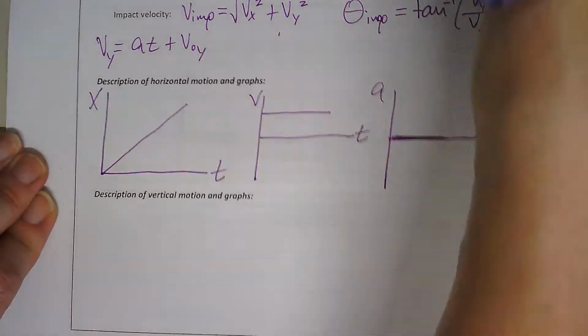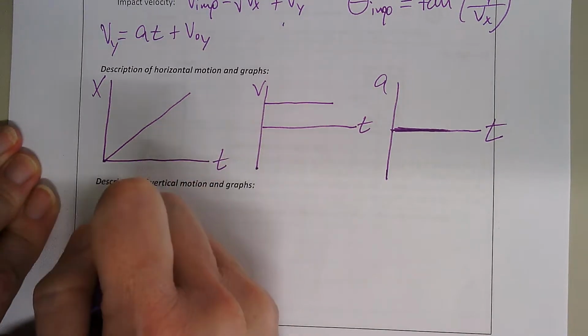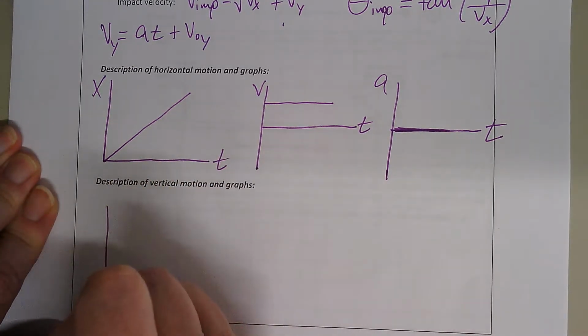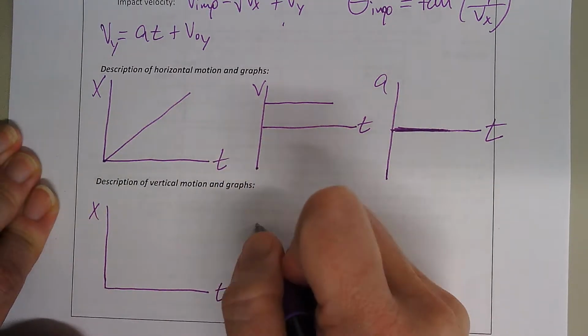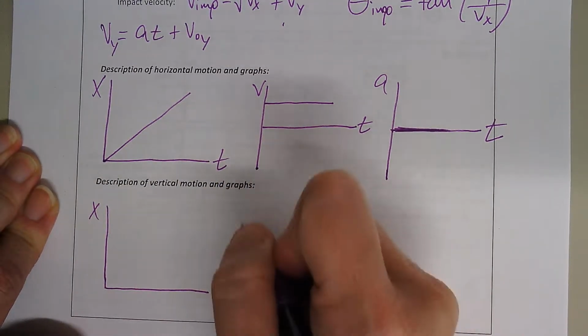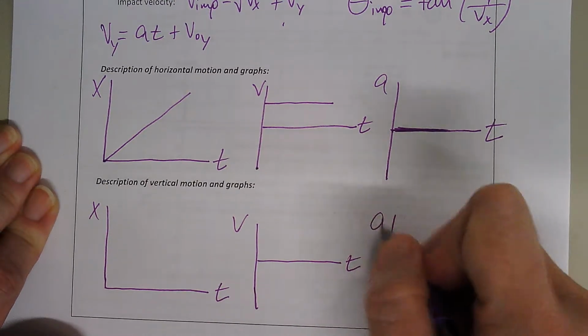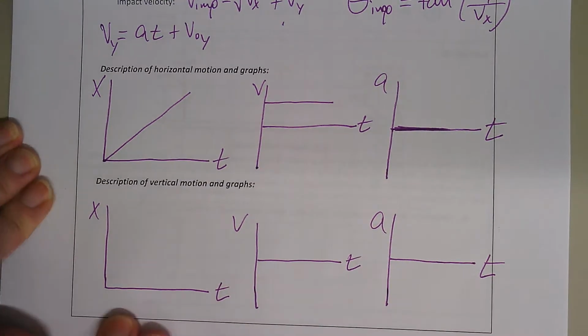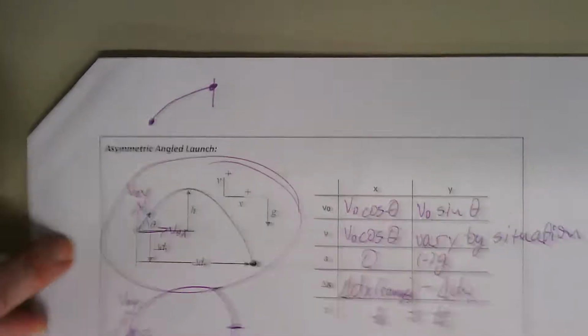Now, your vertical motion is going to depend really on where you start and where you end for the position-time graph, but the velocity versus time is kind of easy, and the acceleration versus time is also kind of easy. It just depends on the situation. So I'm drawing these graphs for this situation.